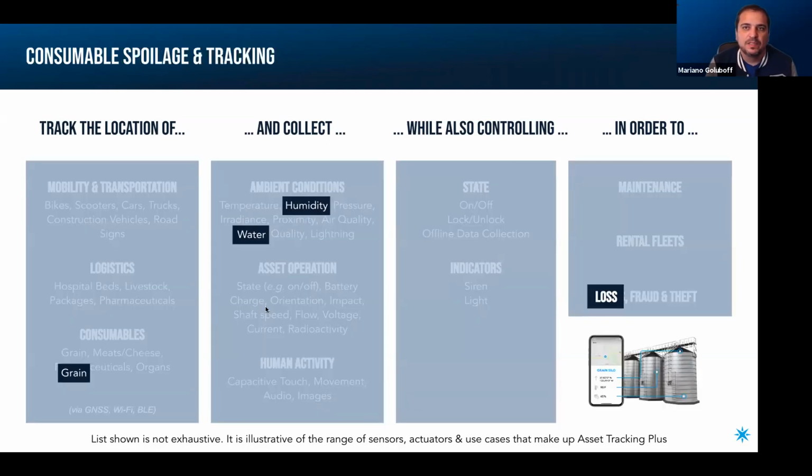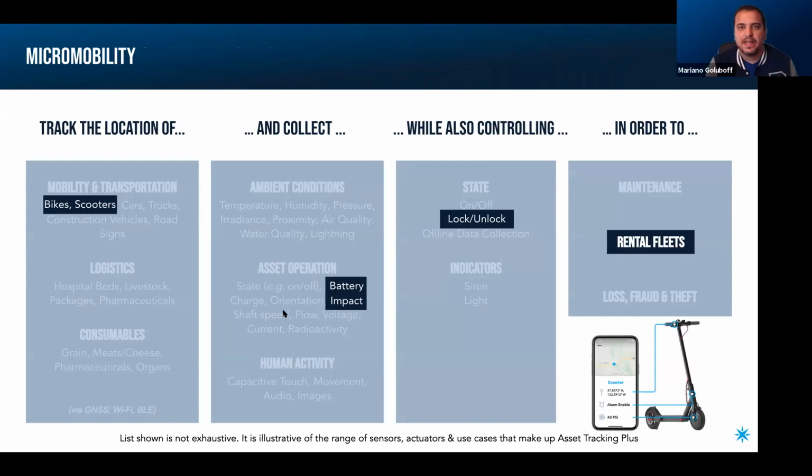For example, if we're tracking the location of grain, we will want to collect data about ambient conditions, such as humidity or water quality. And this is in order to achieve loss prevention, so that the grain doesn't go bad, doesn't spoil, essentially. But if you're a company that's making a fleet of e-bikes or e-scooters for rentals, then you will have different needs.